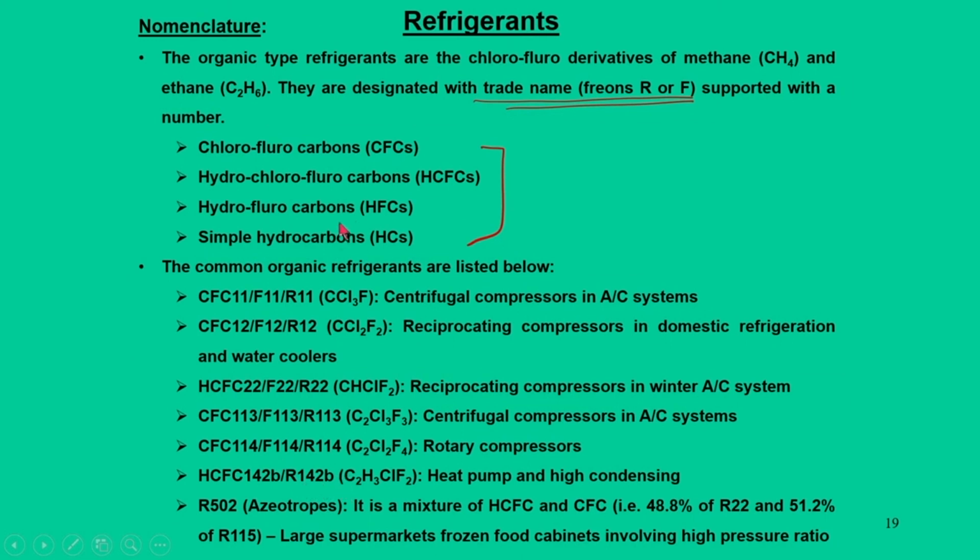There is another class of refrigerants we call azeotropes, such as R 502, which are a design of new refrigerants made from a mixture of hydrochlorofluorocarbons and chlorofluorocarbons. For example, azeotrope R 502 is a mixture of 48.8% R 22 and 51.2% R 115, and it is mostly used in large supermarkets. These are the common names.